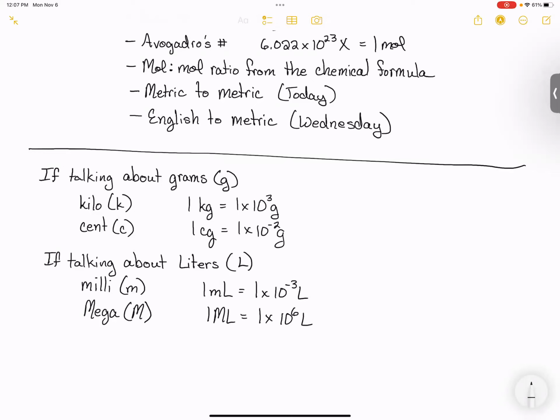So again, if you look at the bottom table, I'm plugging the unit that they have in common, grams or liters, or it could be something else, in for Z.